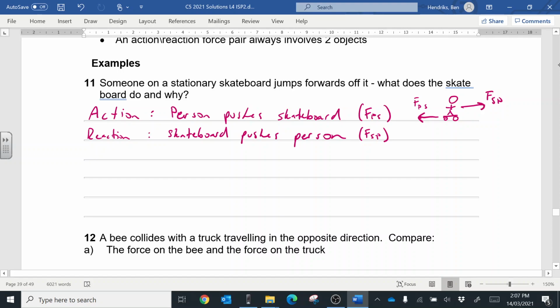But when they ask a question like this, we need to answer it in kind of like a sentence. So someone on a stationary skateboard jumps off it. What does the skateboard do and why?